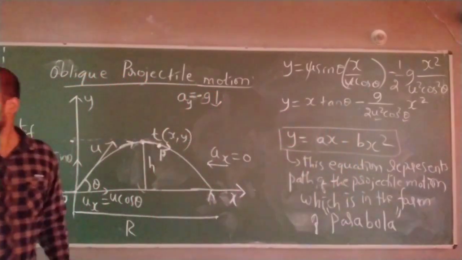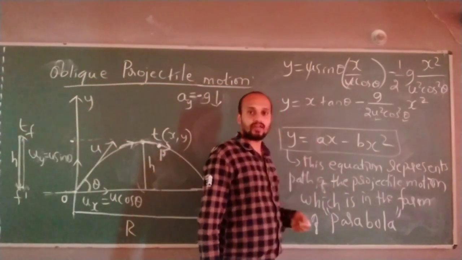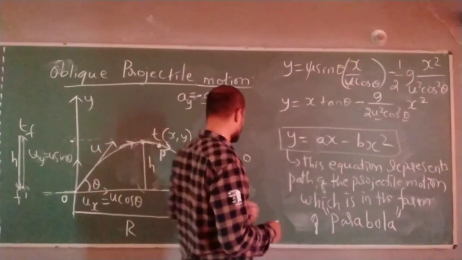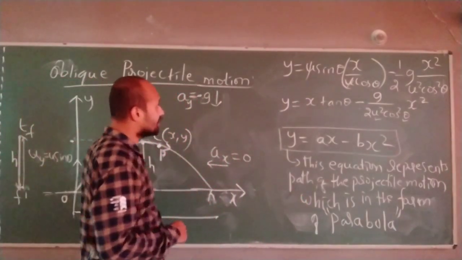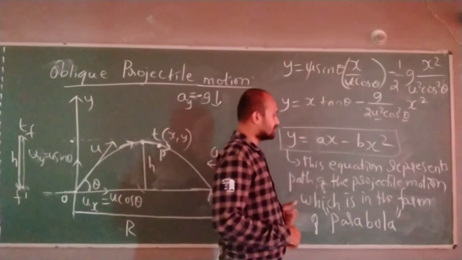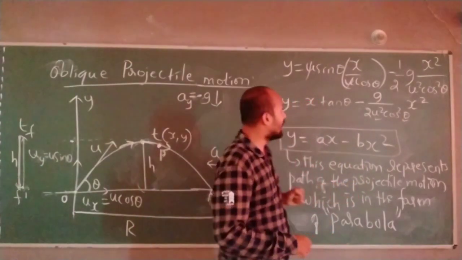What do you mean by this? If you go into mathematics and check this equation, correct? Here one thing I can write, where a is what? a is tan theta, b is g divided by 2u square cos square theta.